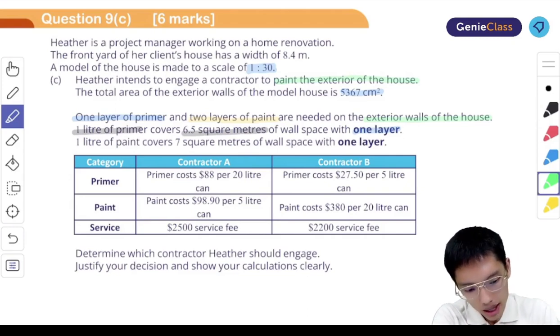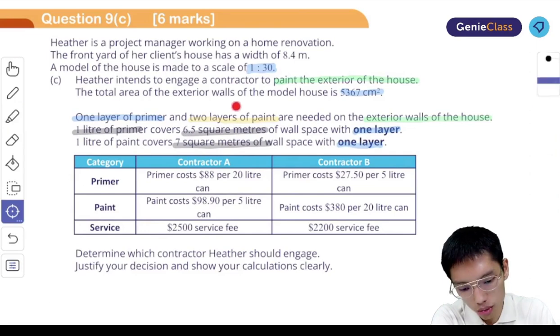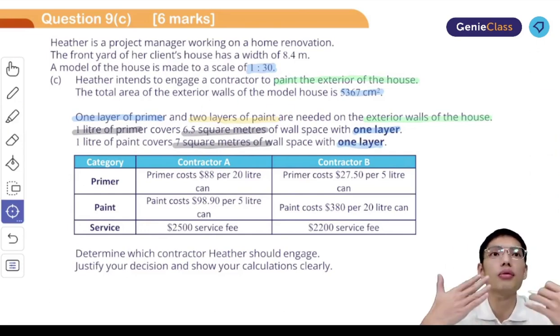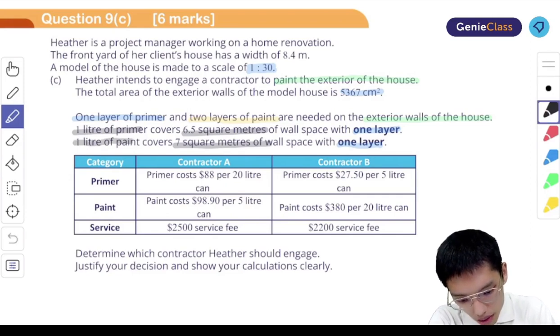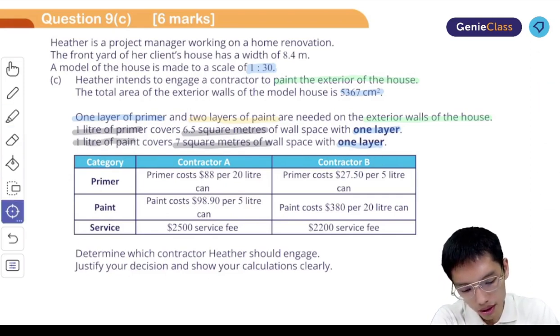And this one, 7 square meters of the wall with 1 layer. But take note, paint has 2 layers, so when you calculate certain things, you have to take note with 1 liter as well. So how do we go through this? These are all the numbers that you need. Contractor A, contractor B, that's the conversion.